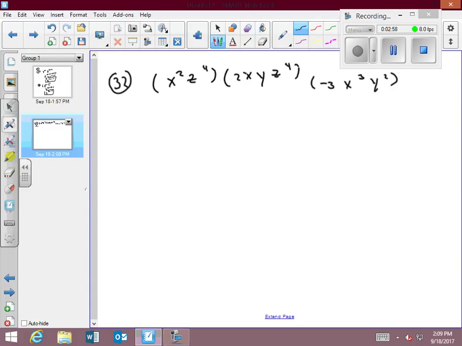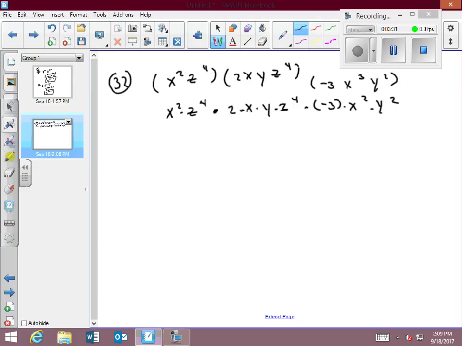So you can drop those brackets. It's x squared z to the 4th, and they're all times each other, times 2 times x times y times z to the 4th. And then this is a minus 3, better put a bracket around it, times x cubed y squared.